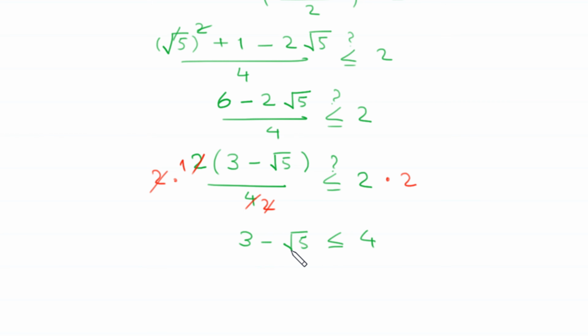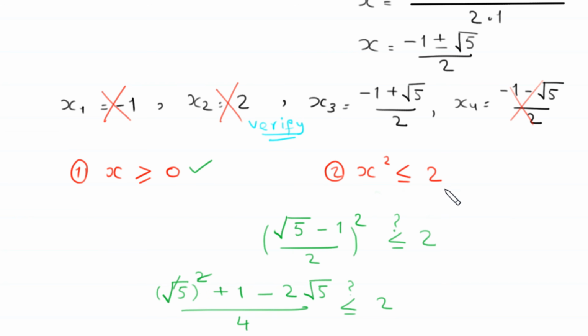So 3 minus 2 is 1, and this is less than 4. So this condition is also true. So both conditions are true. So this value x3, negative 1 plus root 5 over 2, is a valid solution of this equation.